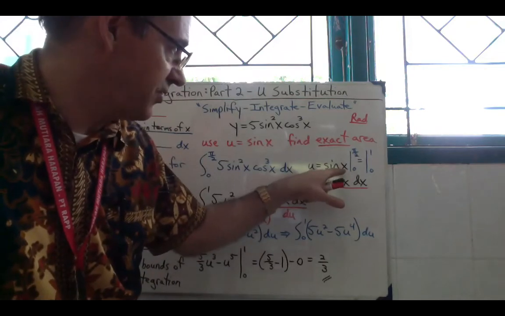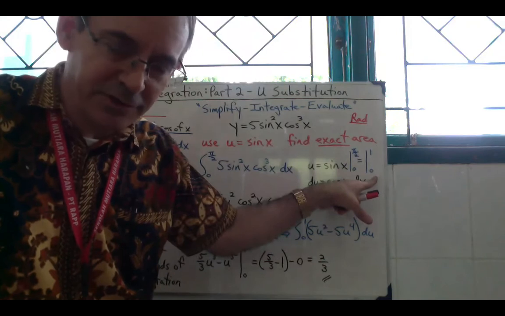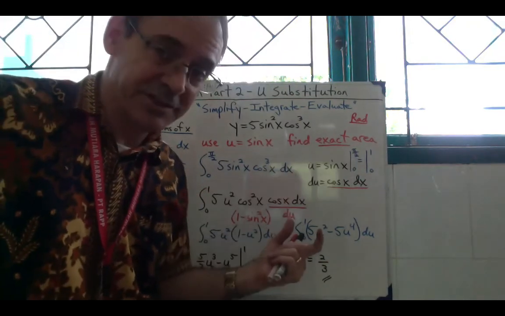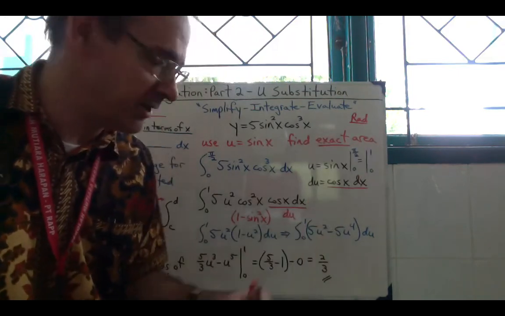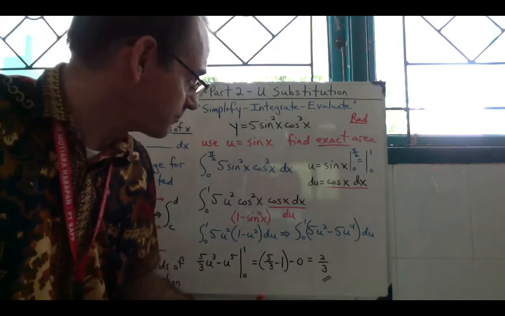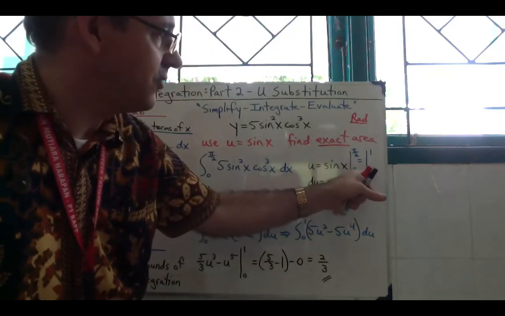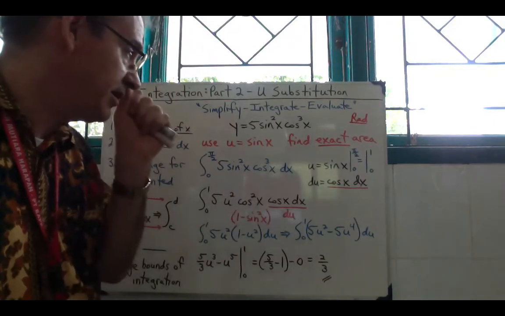When you plug in 0, sine of 0 is 0. You should already know that, but if you need your calculator, use it. Also, sine of pi halves, which is 90 degrees, is 1. Again, you should already know that. So our bounds of 0 to pi halves become 0 to 1 for the u bounds of integration.